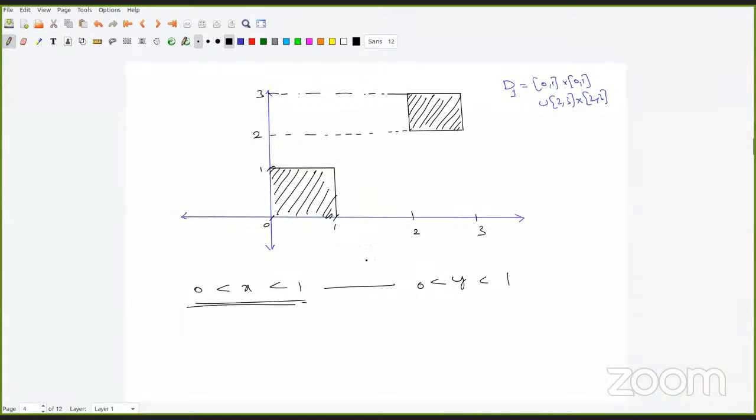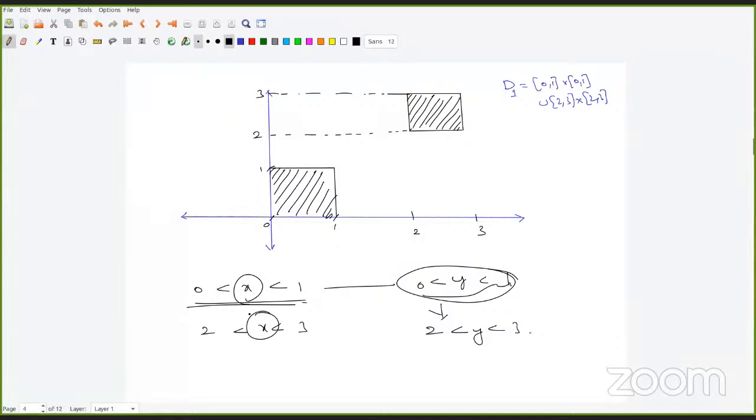So this random variable y watches this random variable x. If x is taking values in between 0 to 1, y can take values in between 0 to 1. If my x suddenly takes values between 2 to 3, then y values will also suddenly jump from 0 to 1 to 2 to 3. Yes, there is some dependency between them.